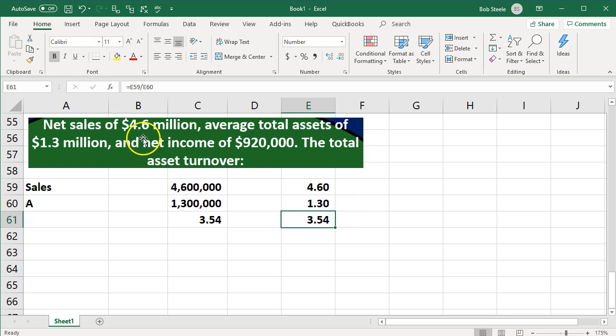But obviously, if you're dealing with something like 4.6 million, and then some other number like net income here that's represented as 920, then you're going to have to write the whole thing out. So I think when we're learning this, it's better to just write the thing out, put all the zeros in there instead of the 1.3, and that also helps us to really grasp what that means. So we're left with the 3.54.